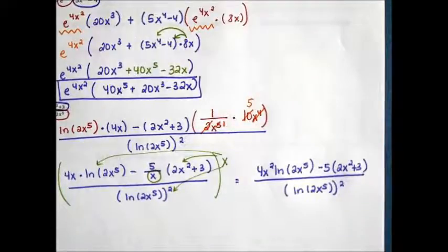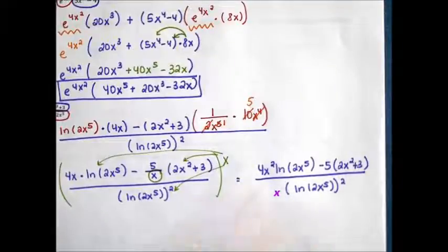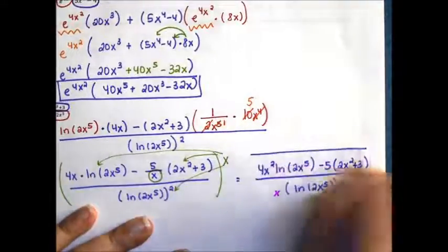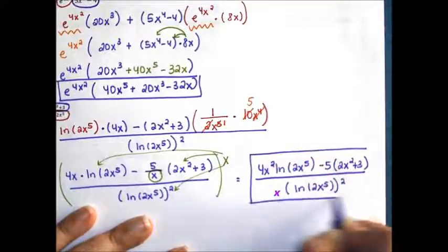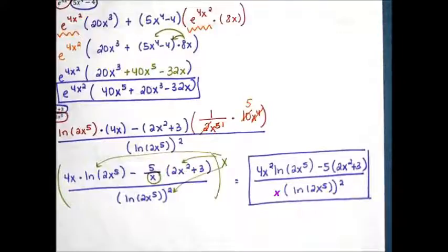If I wanted to, I could take this minus 5 and distribute it, but because I see right away there aren't really going to be any like terms here, I'm just going to stop there because distributing isn't going to give me any like terms, which means it's not really going to simplify anything for me. And I'm done.